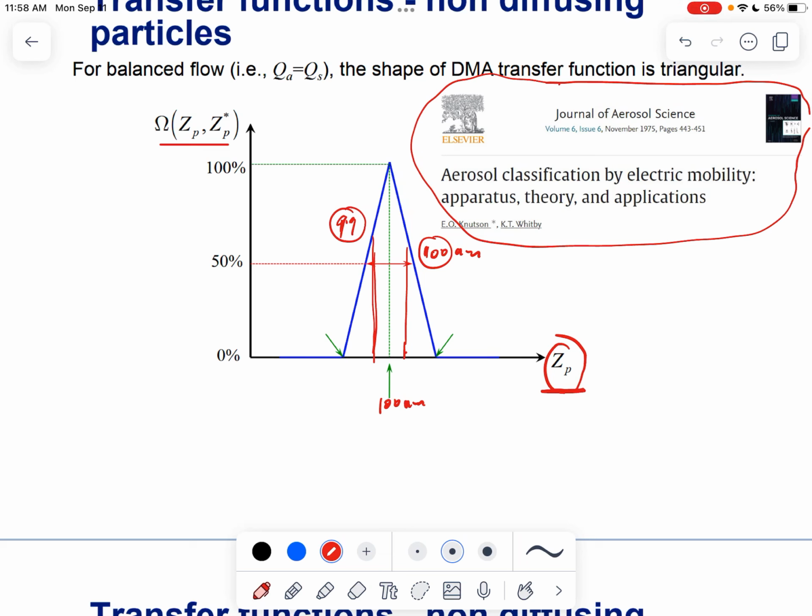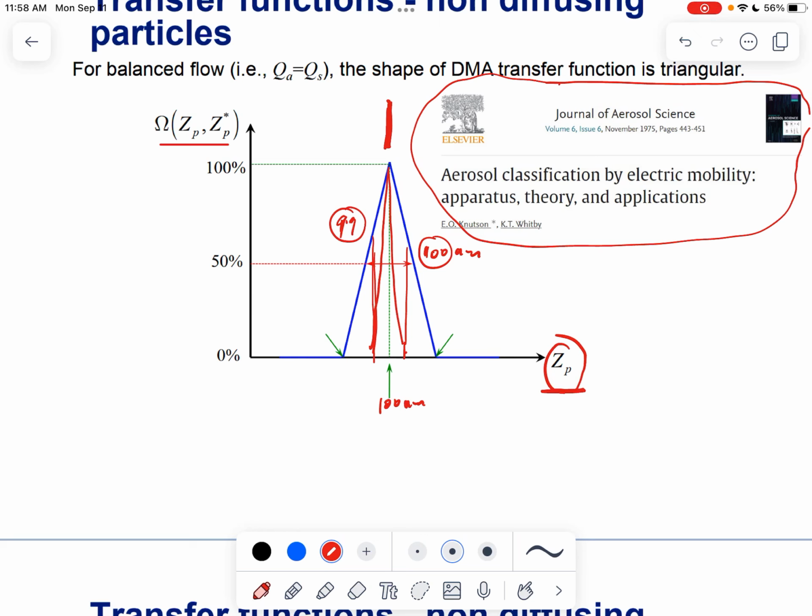For example, if you want to reduce this missampling of particles with different sizes, what should we do? We should make this transfer function narrower. The ideal situation is that we can make it a straight line, but that is going to be very challenging to do. I'll show that later on.